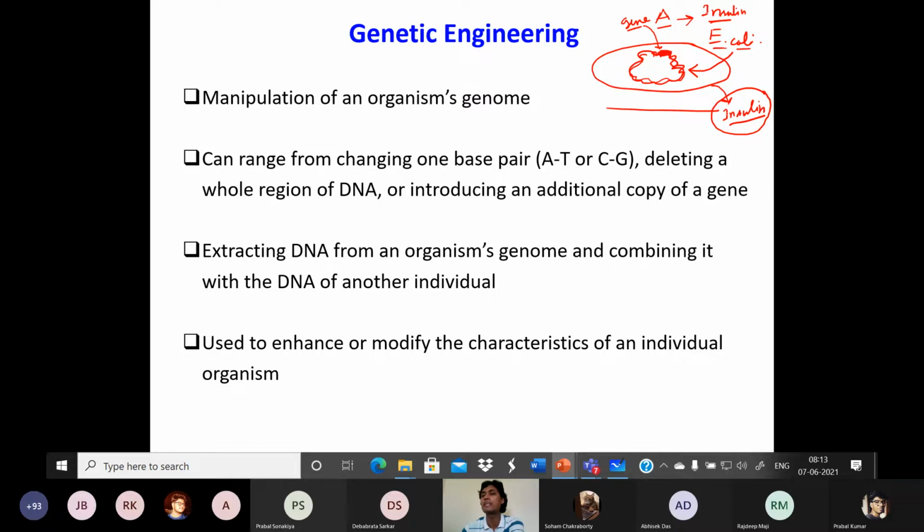As a result, you will get a modified version of insulin that may be more useful. Those are the main points of genetic engineering. The last point here, used to enhance or modify the characteristics of an individual organism, I will discuss almost at the end of today's class.